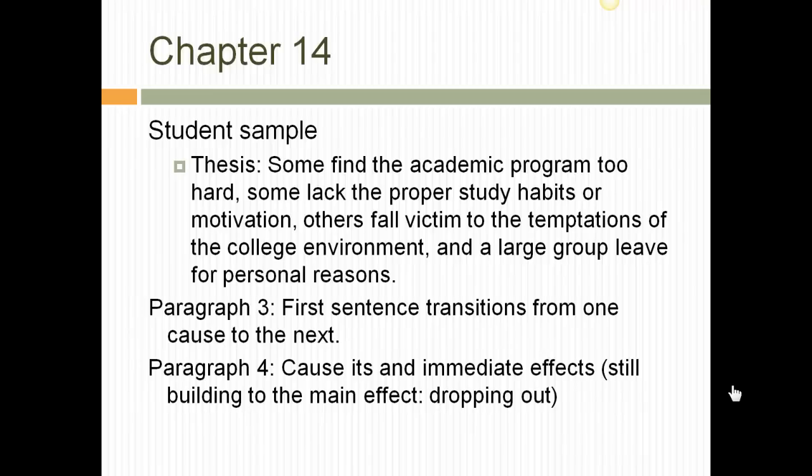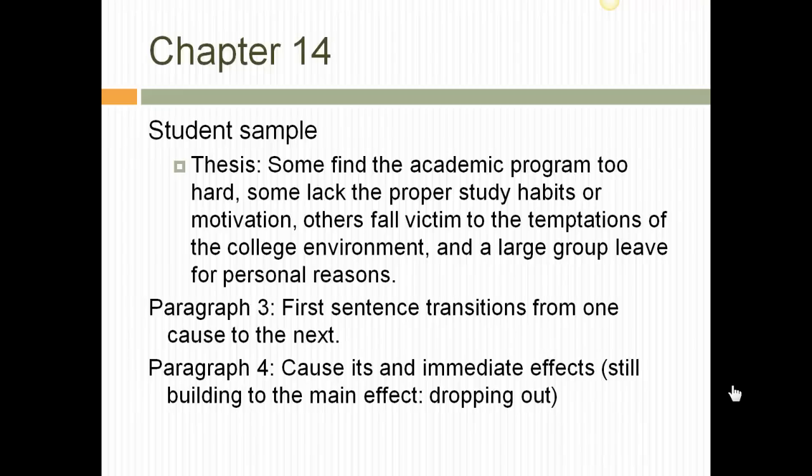So paragraph 3 begins, like academic shortcomings, poor study habits have their roots in high school, where even average students can often breeze through with a minimum of effort. So now we know that poor study habits is going to be the new topic of our paragraph, but we are establishing some sort of a connection to the previous cause, and we're letting the reader clearly know that we're now moving into discussing a different cause.